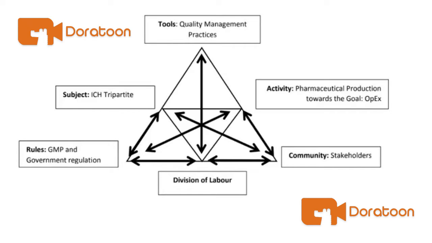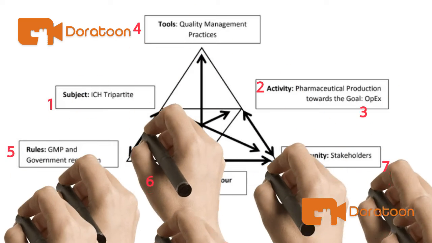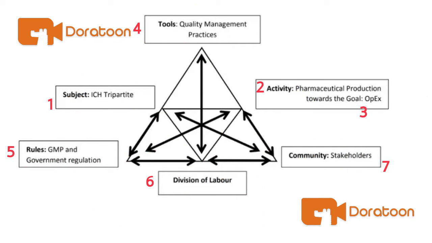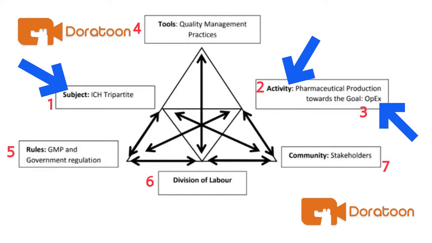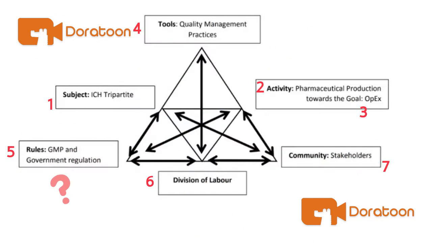The activity theory approach consists of 7 elements as seen here. 3 of the elements are known elements, and the 4 remaining elements are unknown elements. The unknown elements will be discovered or uncovered by examining the 3 known elements.